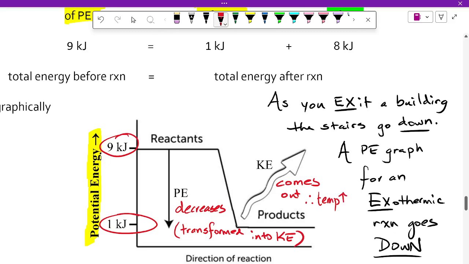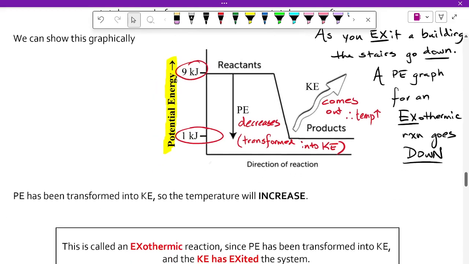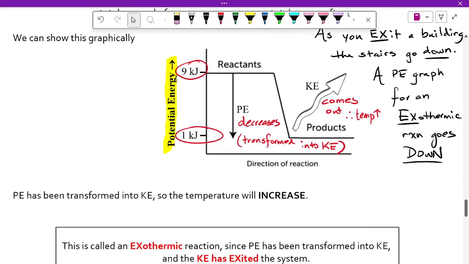Okay? So two ways to recognize a reaction is exothermic. You've got the energy term in the products, or you have it going downhill.